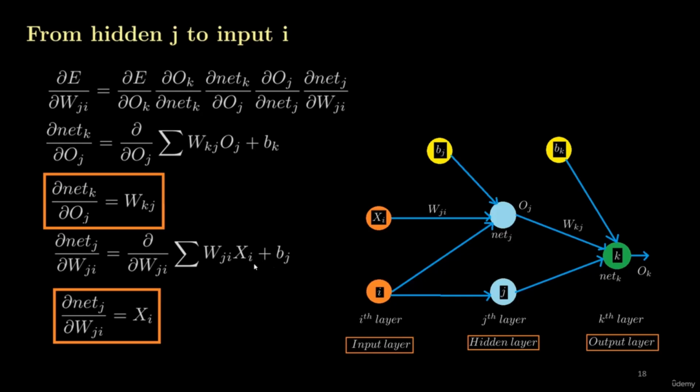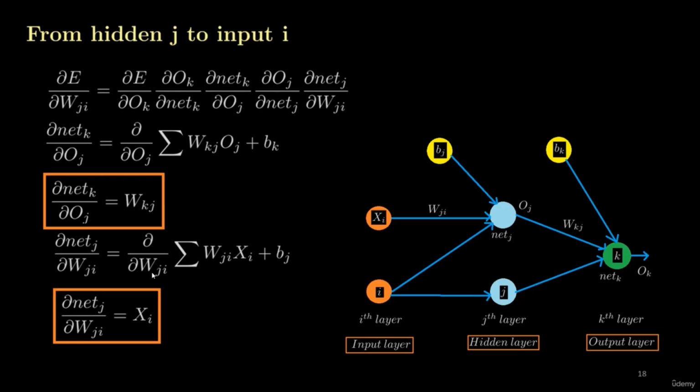If you do not remember, you can go back and see the lecture on forward propagation, where we learned how to write the equation for net K, OK. Also, we learned how to write the equation for net J and OJ. So this is the equation for net J. Here we have to take the derivative with respect to WJI. So the variable of differentiation is WJI. So for this, BJ becomes constant and its derivative will be 0.